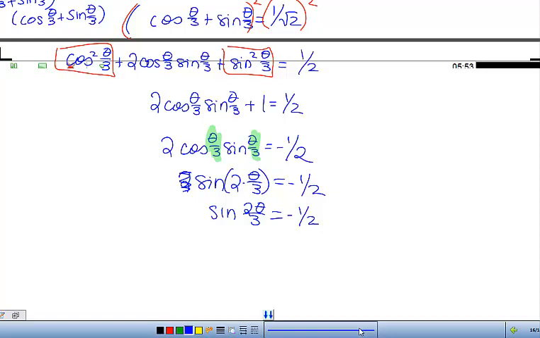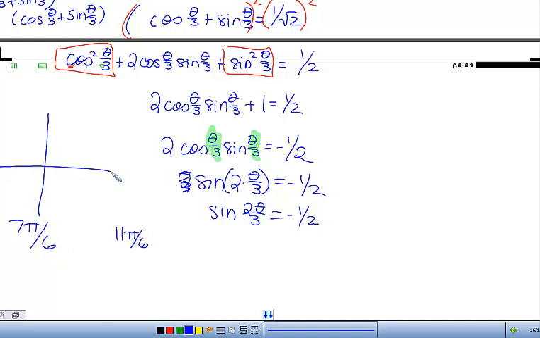We know sine of an angle is equal to negative 1/2 when the angle is minus pi over 6, or if we do it between 0 and 2 pi, it would be 11 pi over 6, because sine is negative there, and also at 7 pi over 6, still using those ever important reference angles.